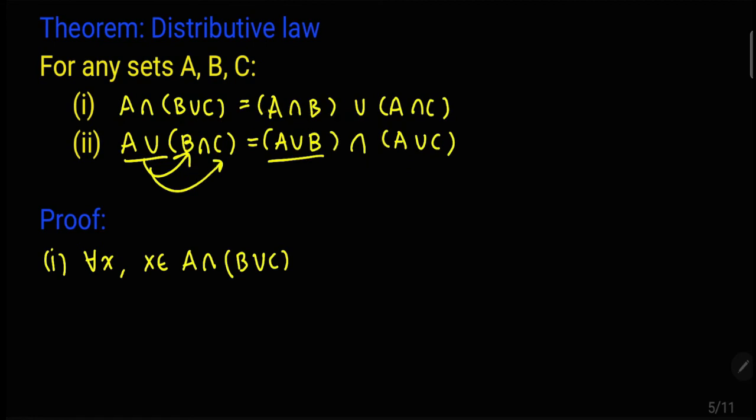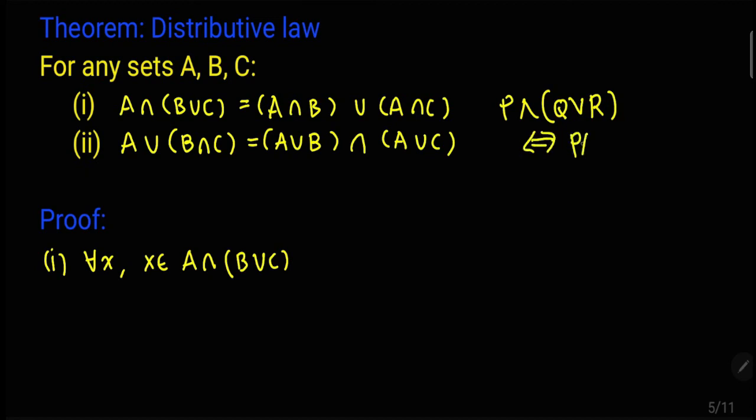Again, these two are just the exact equivalent of the logical operators and, or. So for the first one, we can use the statement P and the statement (Q or R). In logic, we know this to be equivalent to (P and Q) or (P and R). So we are distributing and over or.